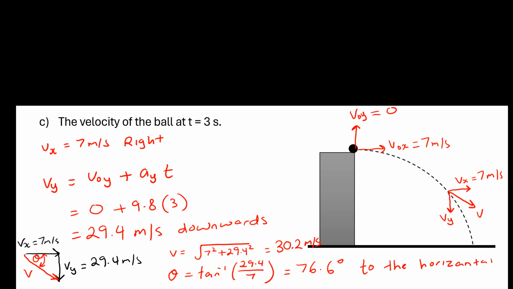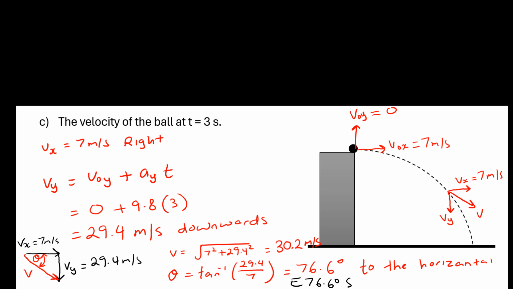Or we can also say east 76.6 degrees south. So using the major points, we can also say east 76.6 degrees south. So the angle starts from east, so east 76.6 degrees south.